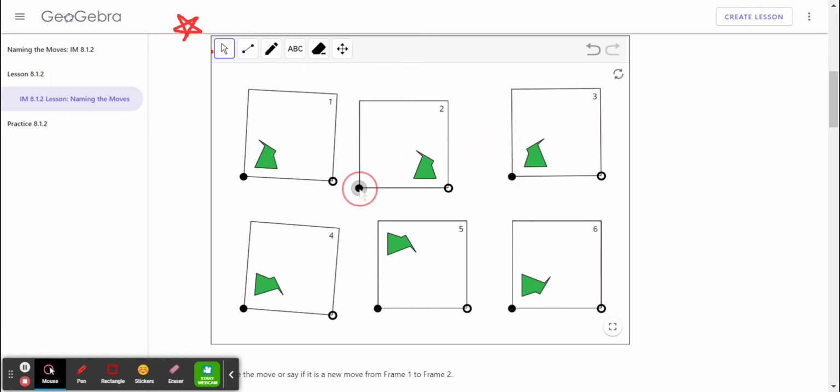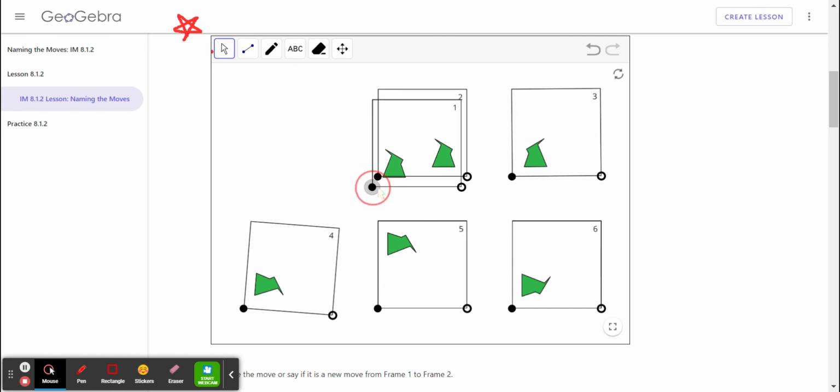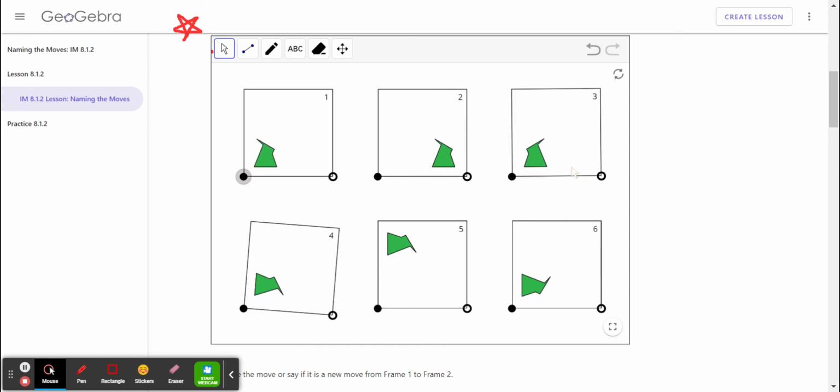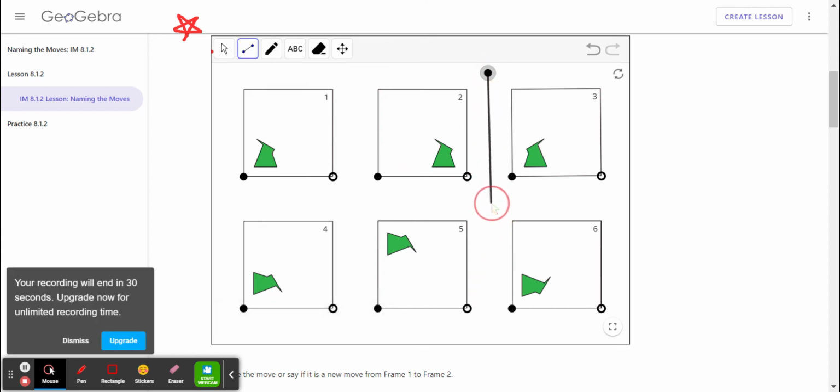It's a little bit different than in the other examples because, for example, when we move from 1 to 2, we can just slide our shape to the right. And I already showed you how when we moved from 3 to 4, we were just rotating, we were just spinning our shape, right? The difference is that when we move from 2 to 3, we're doing something special. It's called a reflection. And what a reflection is, if you could imagine a line right here and a flip of this shape over the line, right?